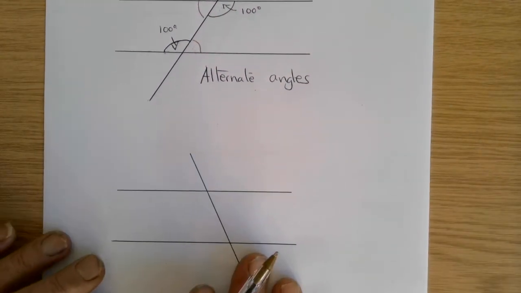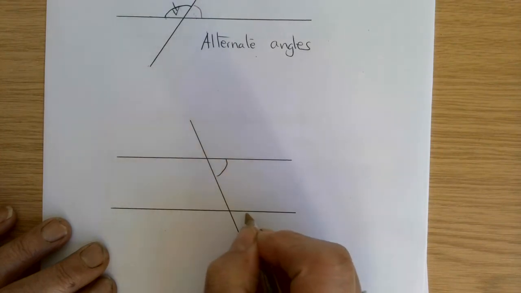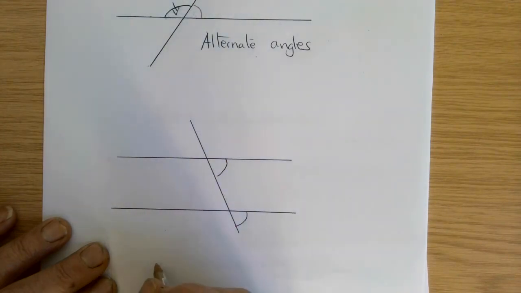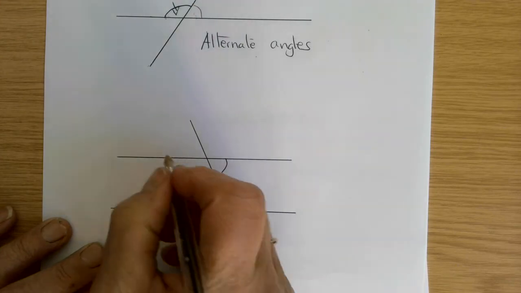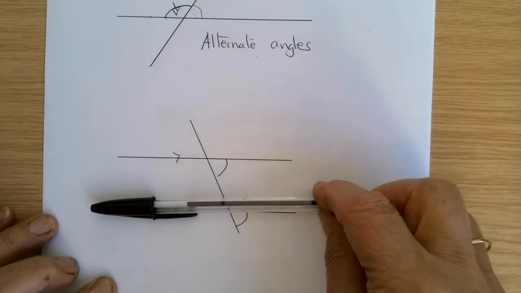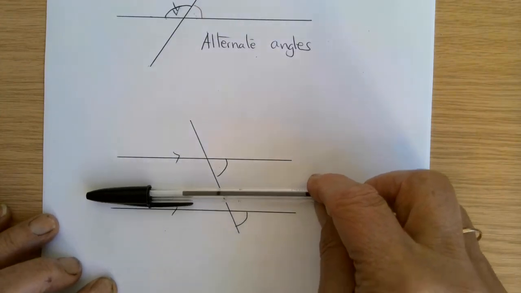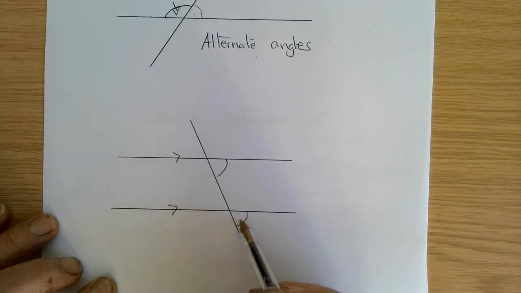Moving down, the next angles that you need to know. So one inside, one outside. We have our parallel lines, and if I had the line and I brought it down to here, so from top to bottom, it's corresponding.